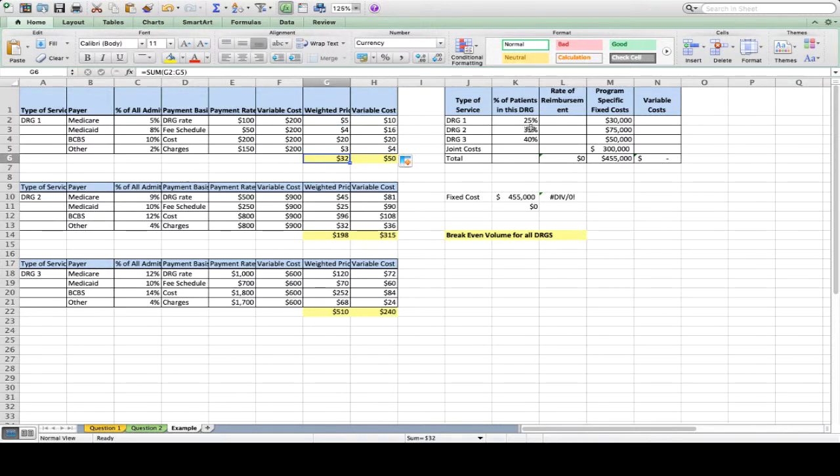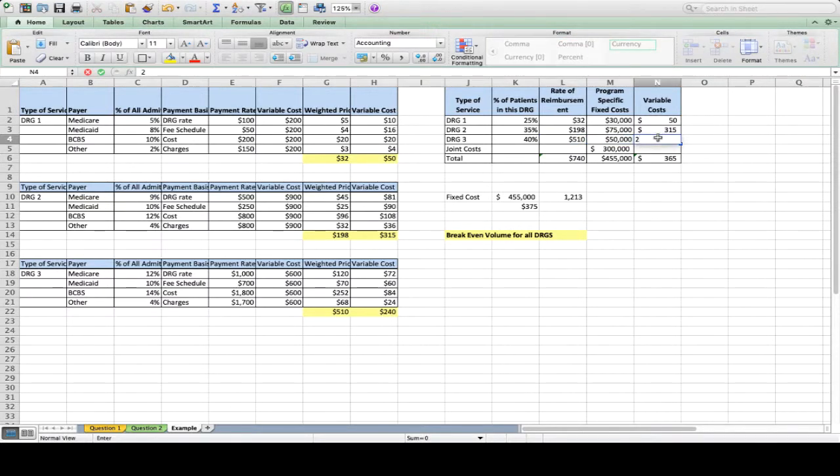So DRG1, the weighted price is $32 when you add these all up, and then the variable costs are $50. I've already done the math on these, so for DRG2 we can put $198 and $315, and then $510 for the price for DRG3, and $240 for the variable cost.